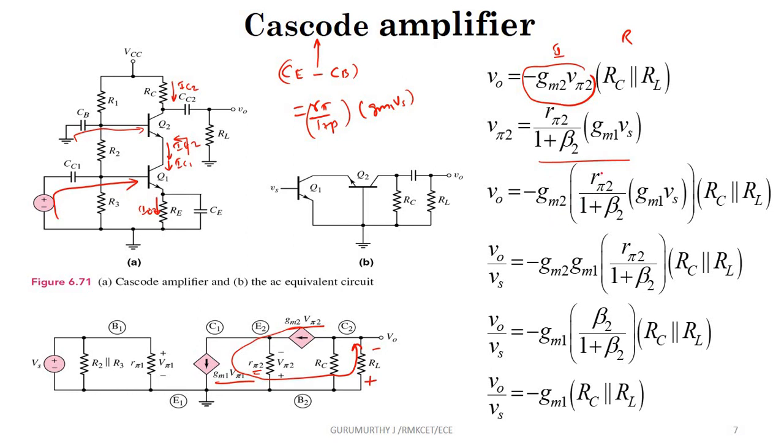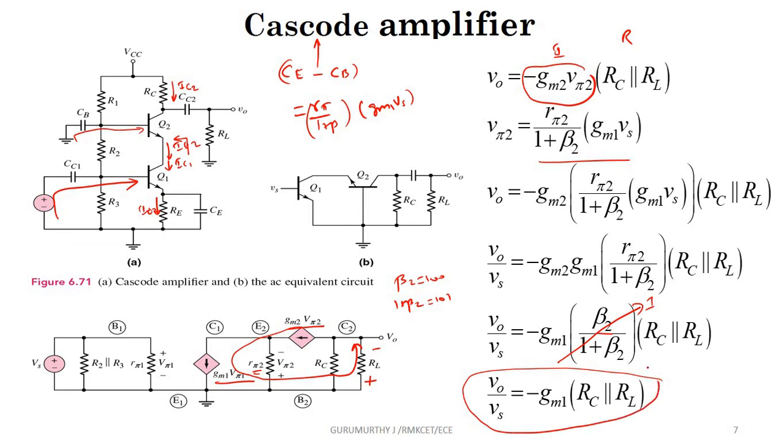You substitute for V pi 2 and you end up with this. GM2 R pi 2 is nothing but beta 2, so beta 2 divided by 1 plus beta 2. If you consider beta 2 as 100, 1 plus beta 2 is 101, so this is nearly equal to 1. So V naught by Vs is GM1 RC parallel R1.